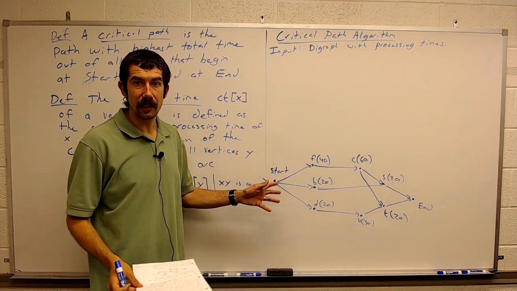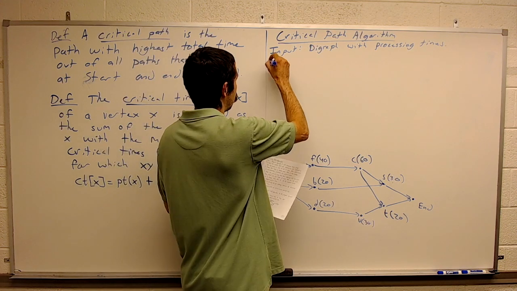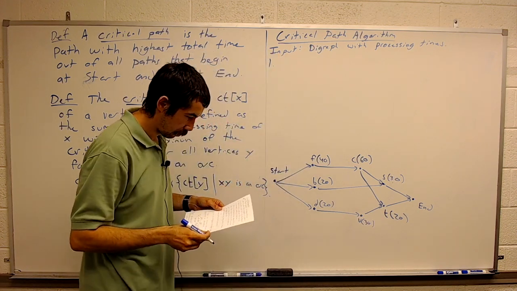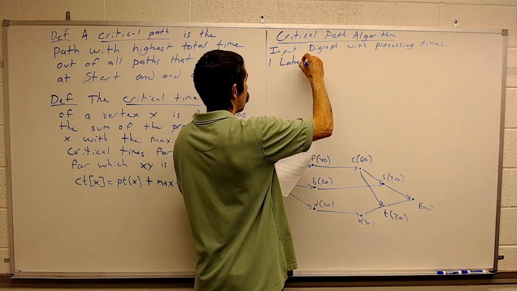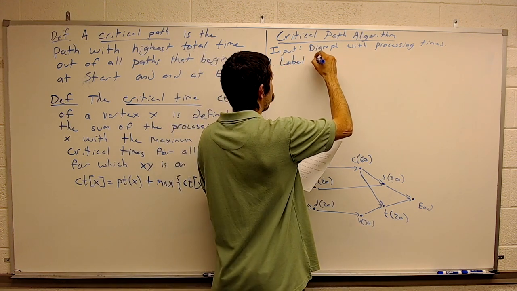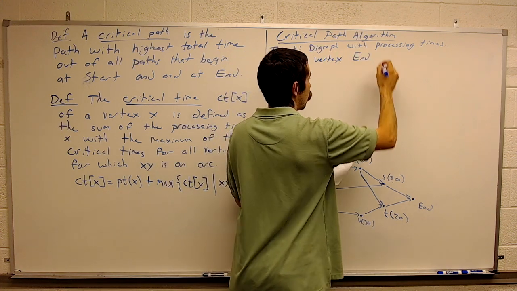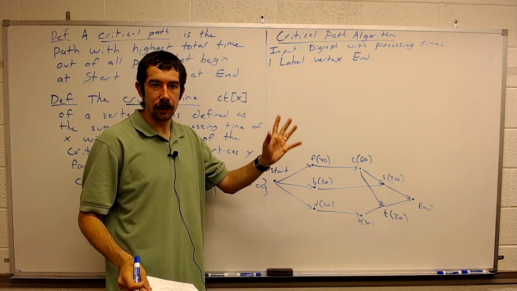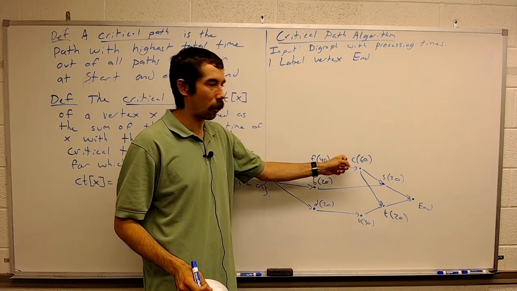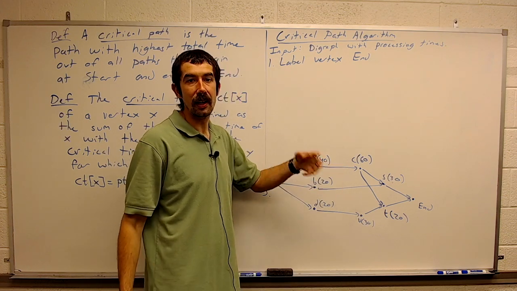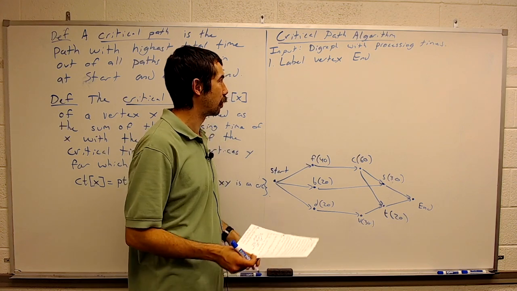All right, so we have our digraph, we have our processing times, we're good to go. First step. Label the vertex end. Big picture. We're going to label each of our vertices. We already have the processing times. We're also going to put a second label with it. That's the critical times. So each vertex is going to have 2 numbers associated with it.